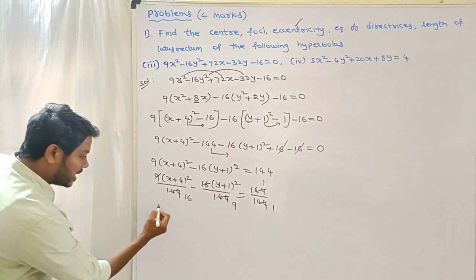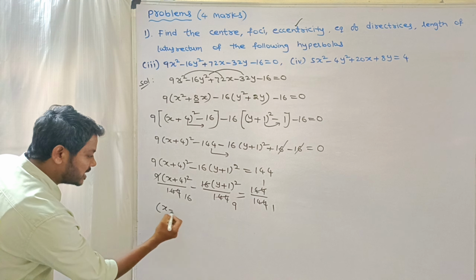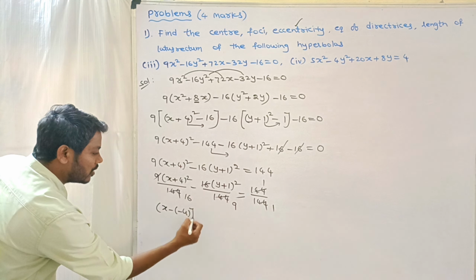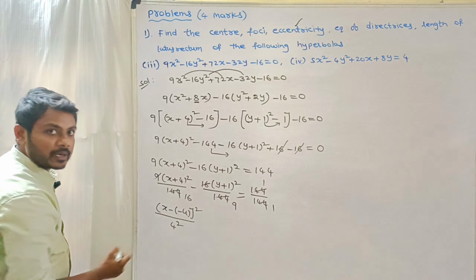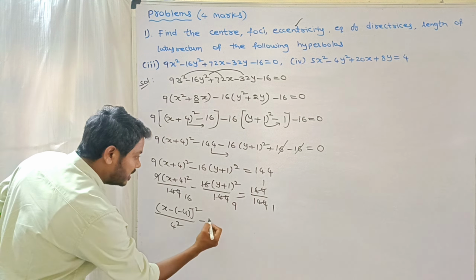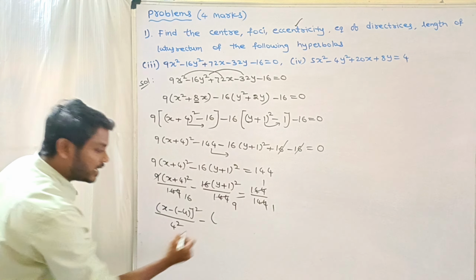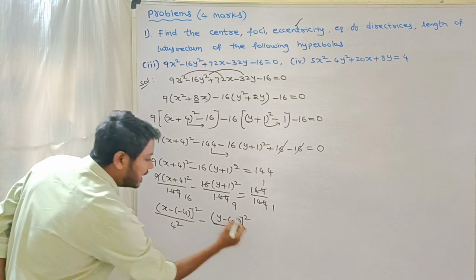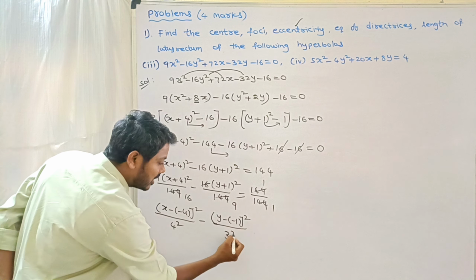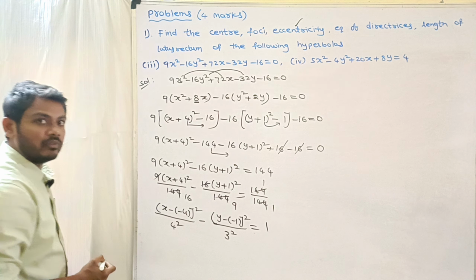This can be written as (x minus of minus 4) whole square divided by 16, written as 4 square, minus (y minus of minus 1) whole square divided by 9, written as 3 square, which is equal to 1.